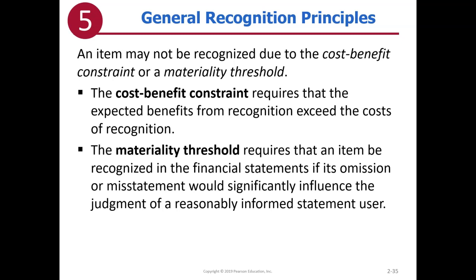An example of something that might not meet the materiality threshold is if you bought a bunch of recycling baskets that you're going to put in each of the offices of your building, because you want people to recycle. So you bought those little blue baskets with the triangle on them, and people are supposed to use them. Well, maybe that costs $200. If you recognize it as an asset, then you're going to have to depreciate it over its useful life.